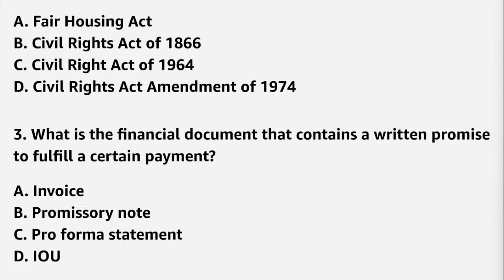Type your answer in the chat. A, invoice. B, promissory note. C, pro forma statement. Or D, an IOU. So look at what the question says: financial document that contains a written promise. The answer here is 3B, a promissory note.